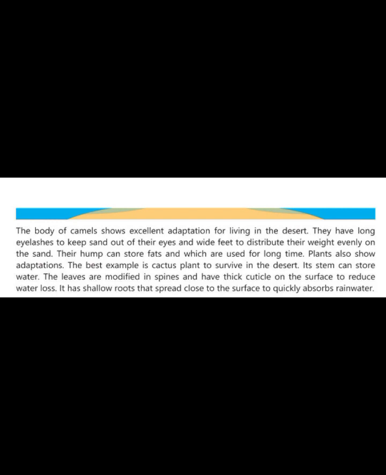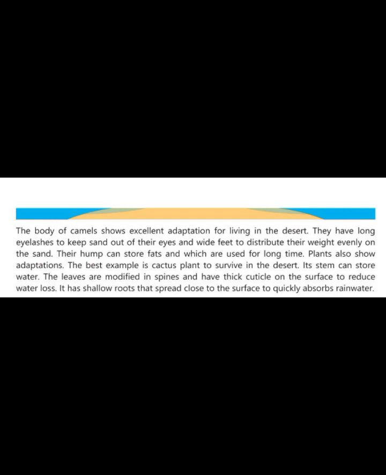Whenever air is blown very fast, they can really walk on the sand because they have long eyelashes, and those soil particles can otherwise disturb their vision. Their hump can store fats, and it can store water as well for a long time, and obviously they can use it when water is not available.